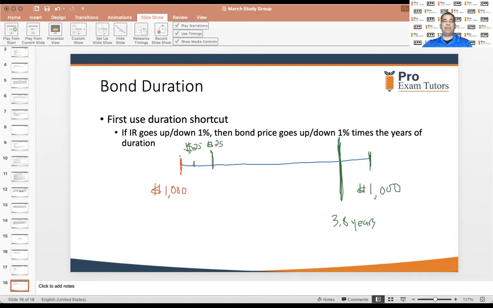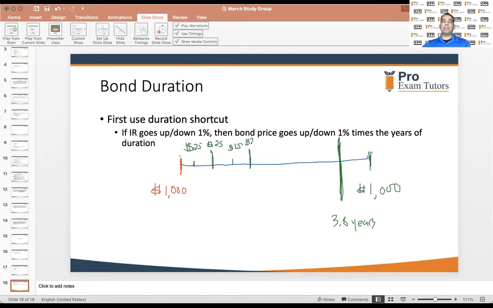I get another $25 after 1 year. And here's year 2, end of year 2, and so on and so forth. And then I'm going to get this big lump sum of money, $1,000 right here.